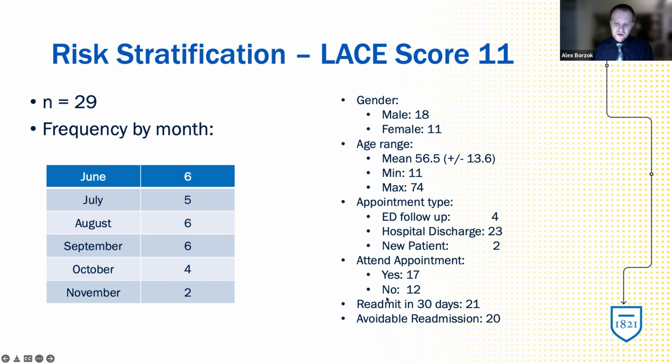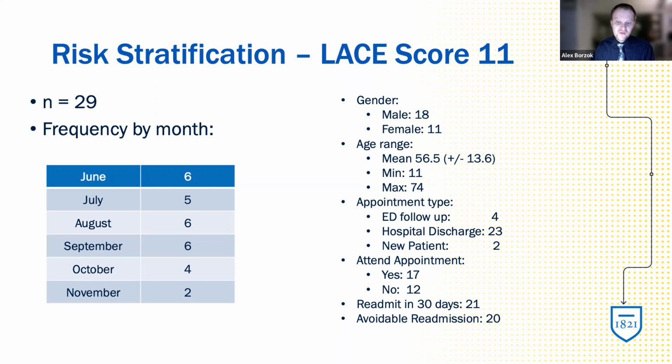This is further confirmed in that 21 of the 29 patients were readmitted to the hospital in 30 days. Of the 21 that were readmitted, 20 would have been considered an avoidable readmission utilizing CMS guidelines, where the readmission was in some way associated with the original admission, or, under the additional criteria we applied, it was a complaint that could have been taken care of in the primary care office.